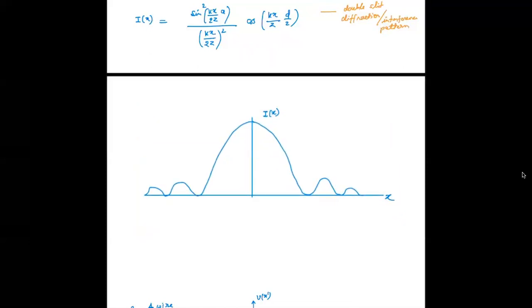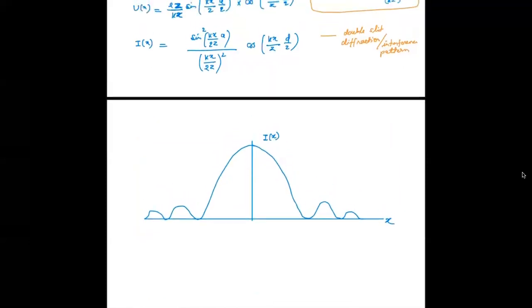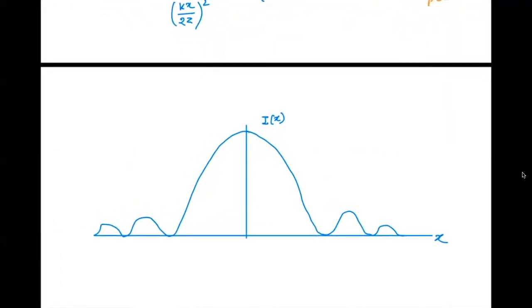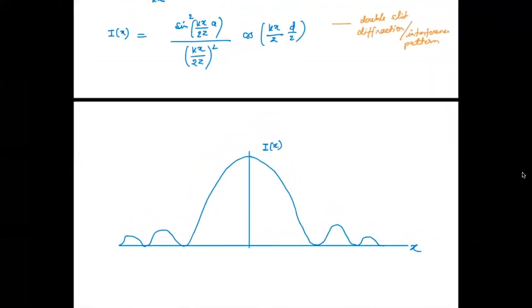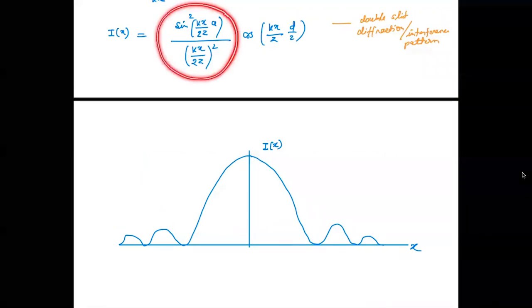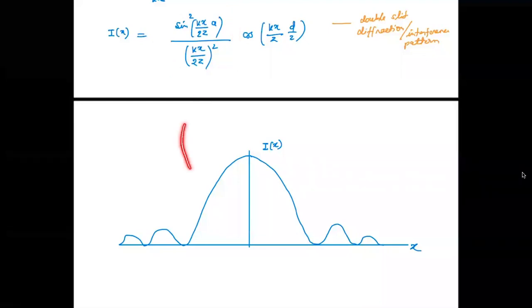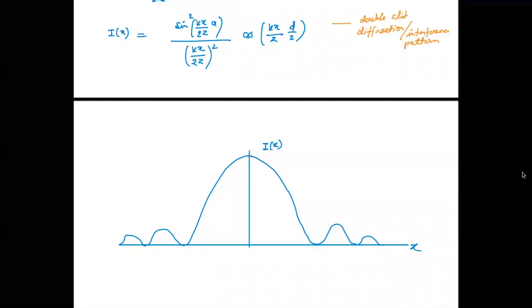So that is the diffraction pattern you have, and in addition to the diffraction pattern, we also have this cosine term, which has this d dependence. So what does that do? That will fill this diffraction pattern with what we are calling interference fringes. So you will have this overall sine squared, which is this function, and then we have this cosine, which will give me something like this.